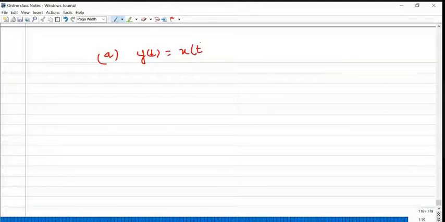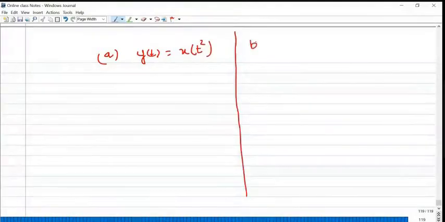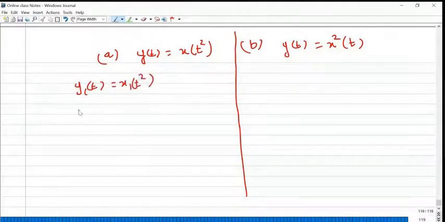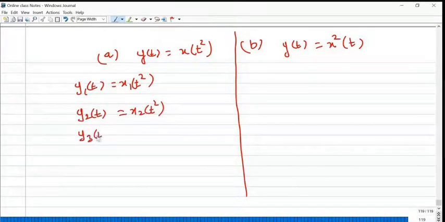x of t square, y of t equal to x square of t. y1 of t equal to x1 of t square. y2 of t equal to x2 of t square. y3 of t equal to x3 of t square.